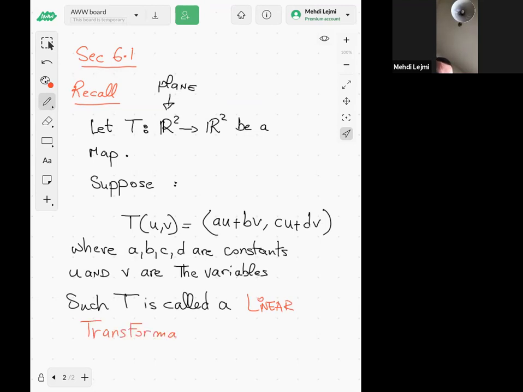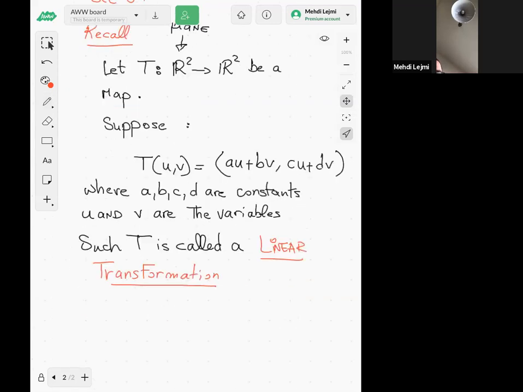And the reason why it's called a linear transformation is because you can write T as a matrix times the coordinates U and V.